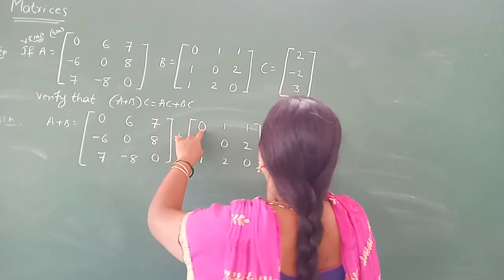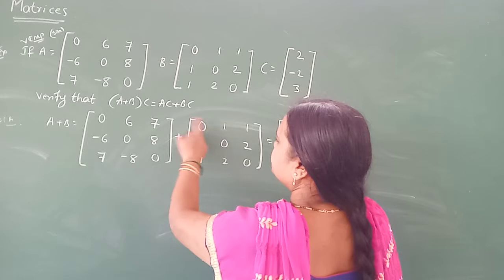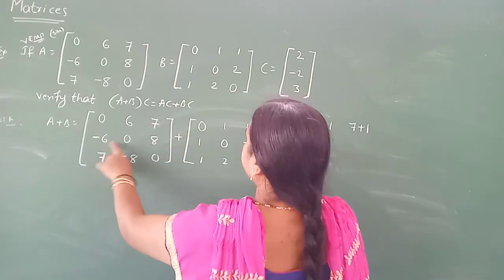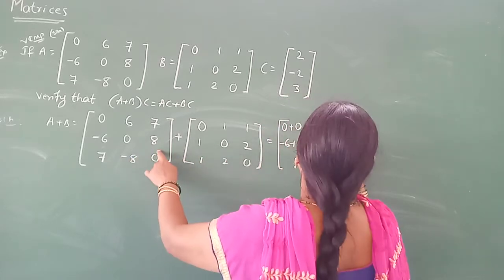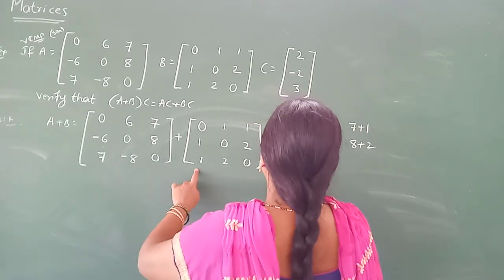0 plus 0. Next 6 plus 1. Next 7 plus 1. Next minus 6 plus 1. 0 plus 0. 8 plus 2. Next 7 plus 1.